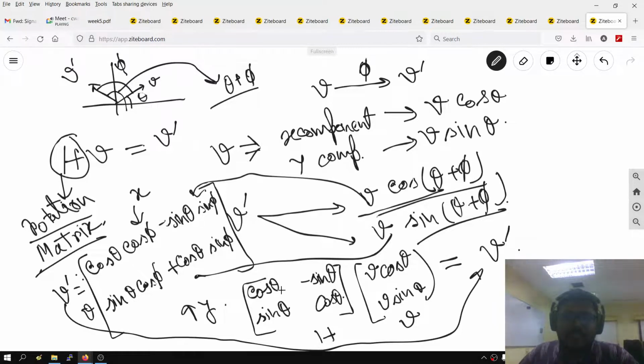So the first term is v cos phi, sorry, these are phi, not theta.